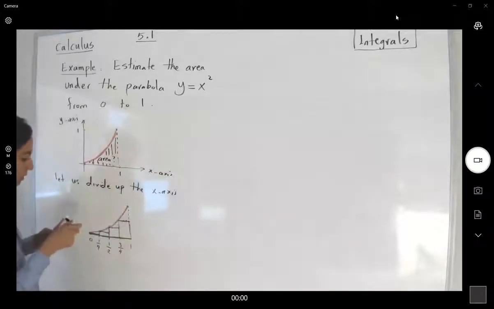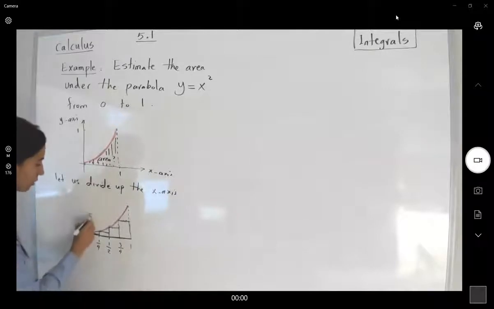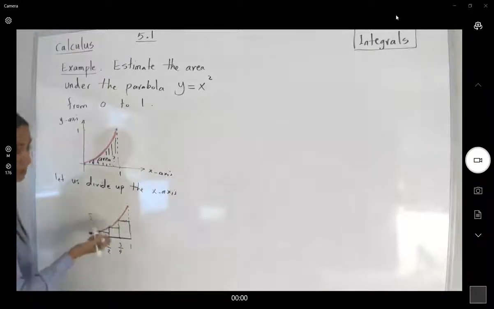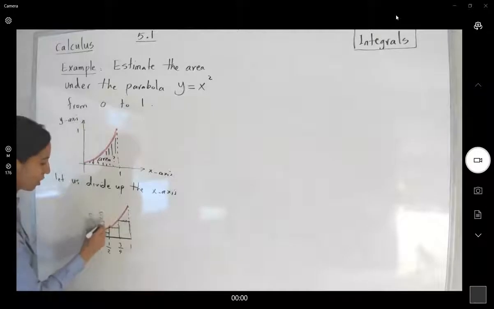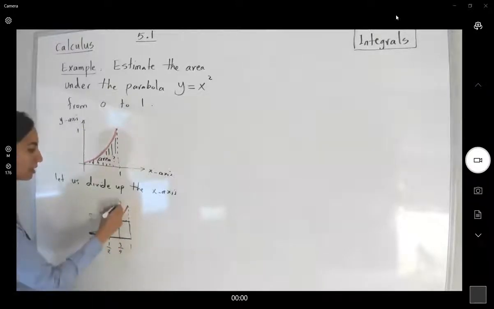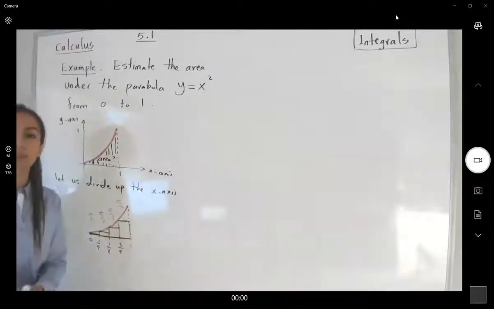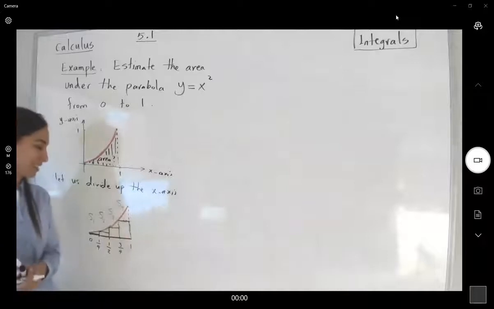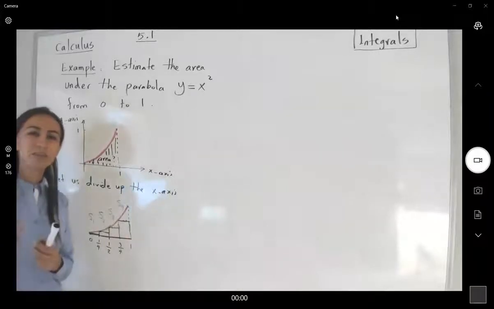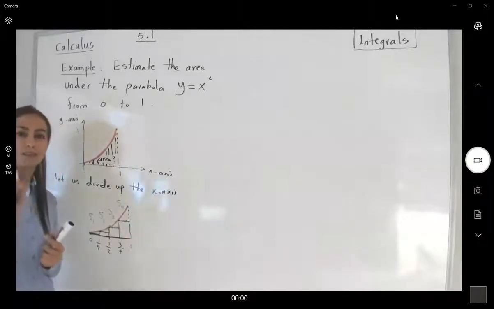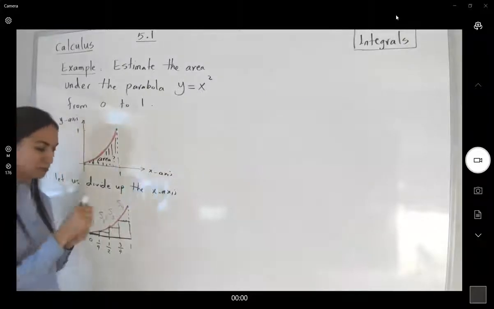So this is S1, the area of the first rectangle, which is 0. Then the areas of the second, third, and fourth rectangles. It's another way to approximate the area. Of course it is. But it gives you a smaller approximation.